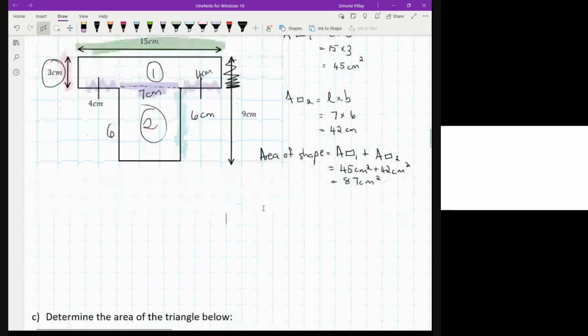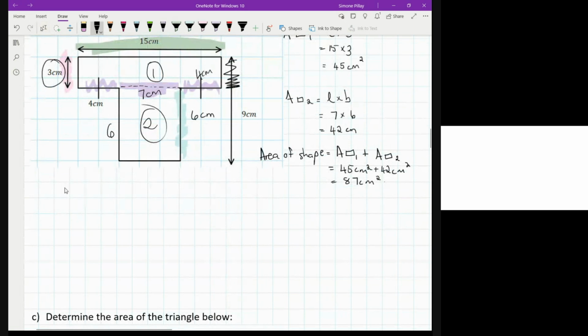The other format I want to show you guys is that you could have done it like this from the beginning. You could have said the area of the shape is equals to the area of rectangle 1 plus the area of rectangle 2. And you literally could have gone length times breadth plus length times breadth.